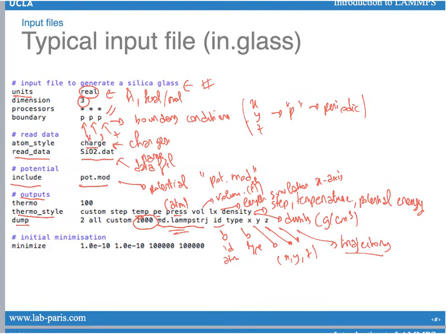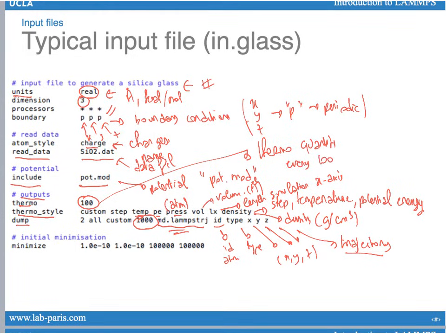Regarding the thermodynamical properties, again, you don't necessarily want to have this information every single step. So you can ask LAMMPS how often you want this information. This is defined by using the command thermo and then putting here how often you want this information. This means that you will have the thermodynamical quantities every 1000 steps.